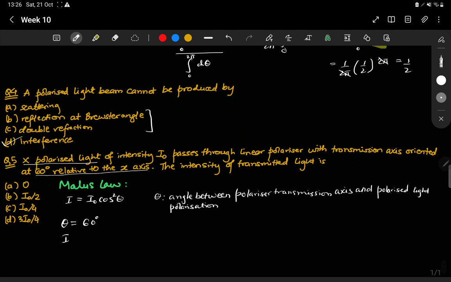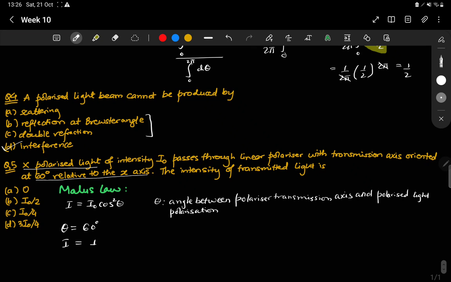Thus, the output intensity would be I naught cos squared 60 degrees, and cos 60 degrees is half, so we get I naught by 4. Correct option is option C.